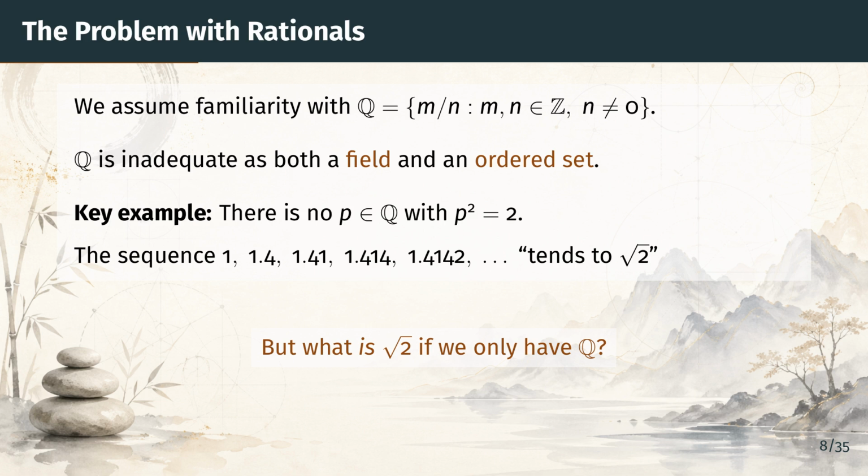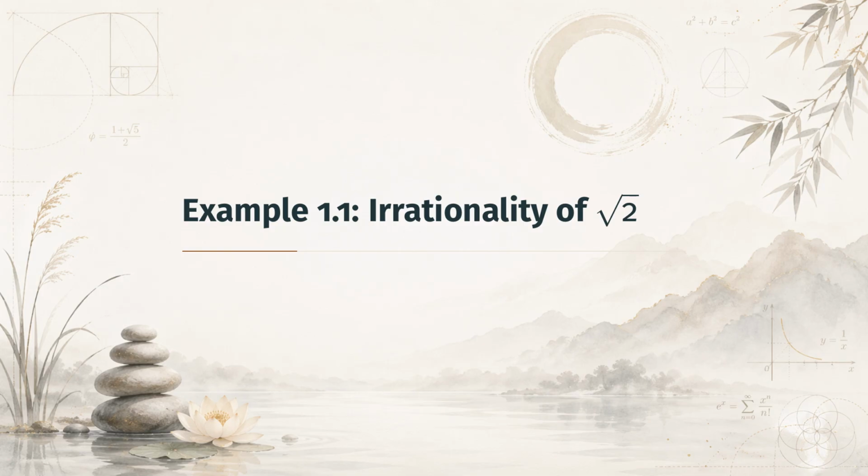If we have not yet defined the real numbers, then what exactly is this sequence tending to? The square root of 2 is not a rational number, so it does not exist in our number system. This question can only be answered once we construct the real number system. Let's first prove rigorously that the square root of 2 is indeed irrational.